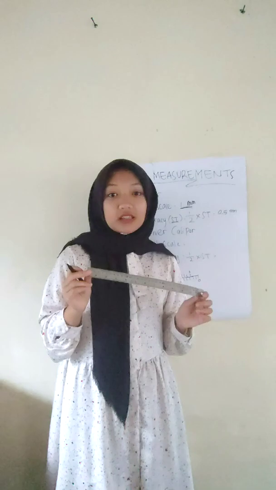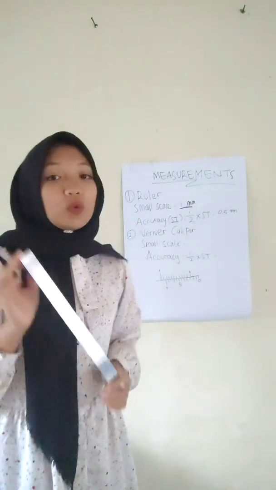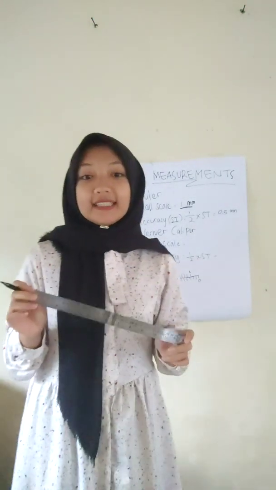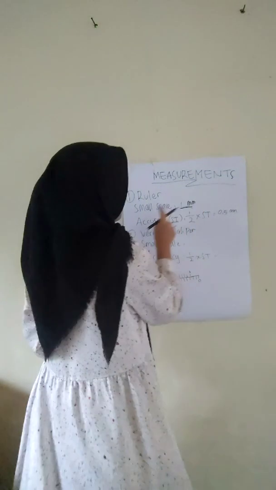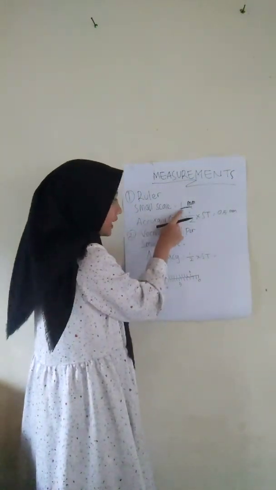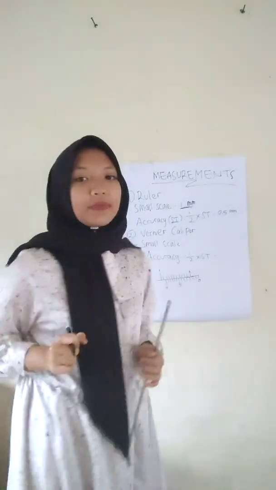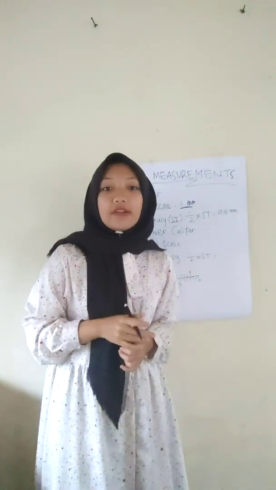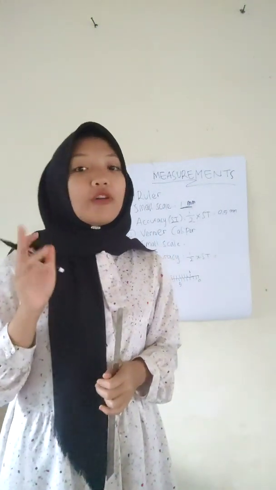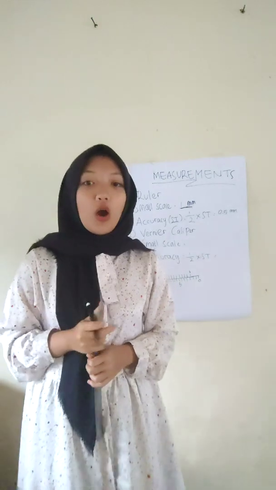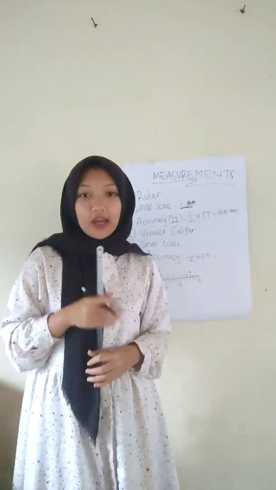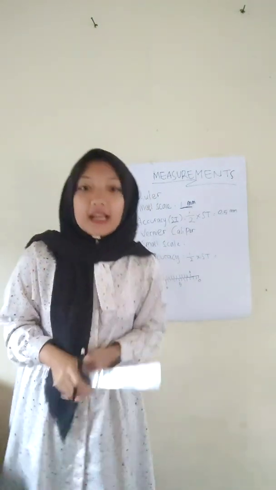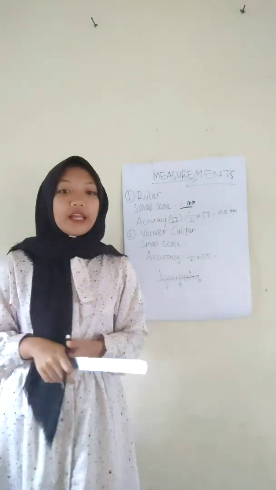The small scale for the ruler is 1 millimeter. The accuracy is half of ST. For example, the small scale is 1 millimeter.